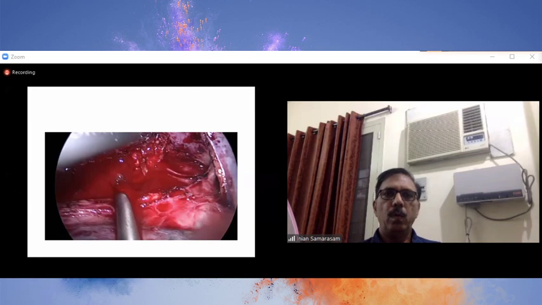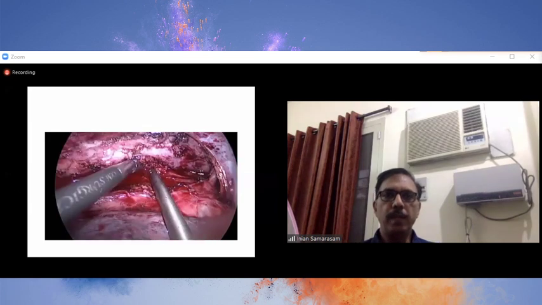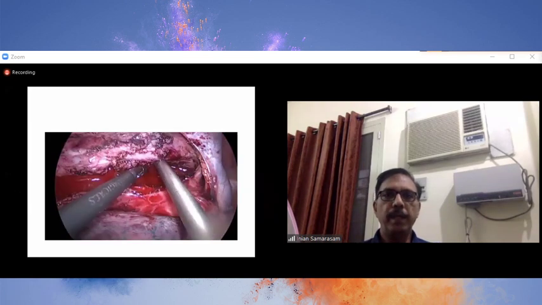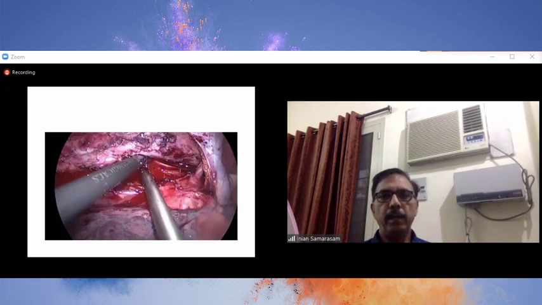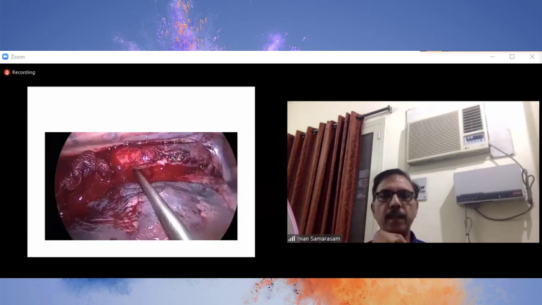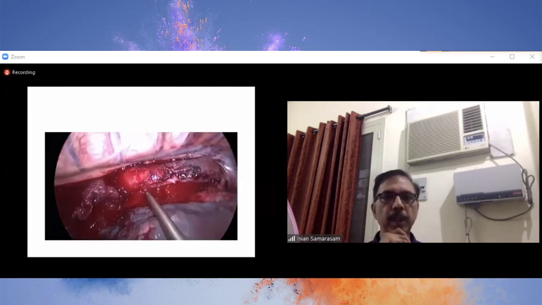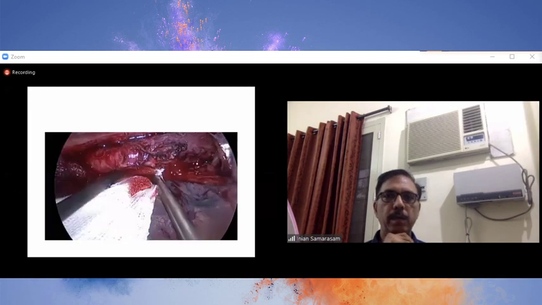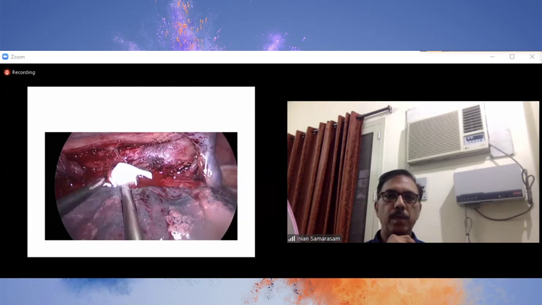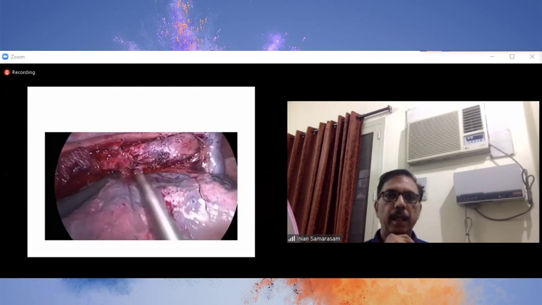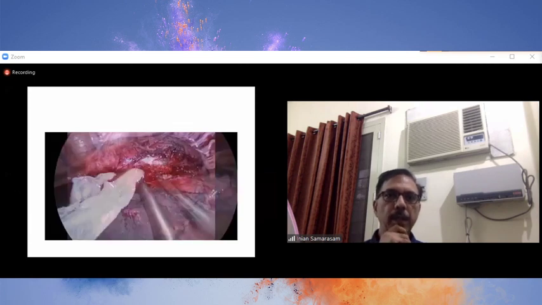What started as a small ooze then slowly became quite significant. By this time, we were getting ready to convert this into open surgery because it was quite friable tissue, and there was no way we were able to get something to clip or to suture. It was very difficult.